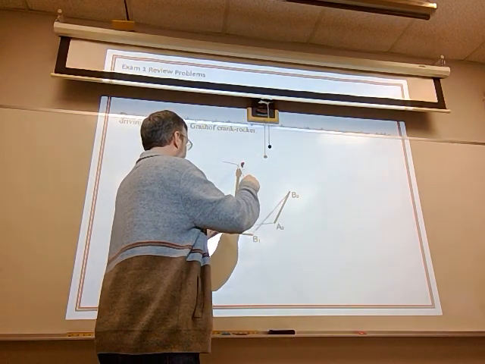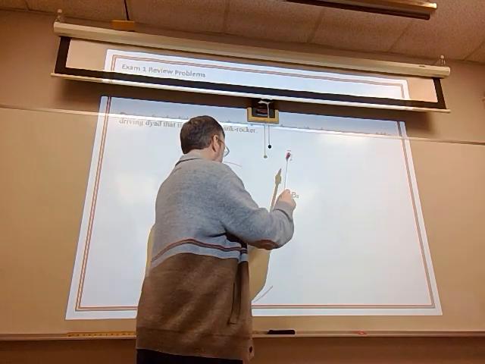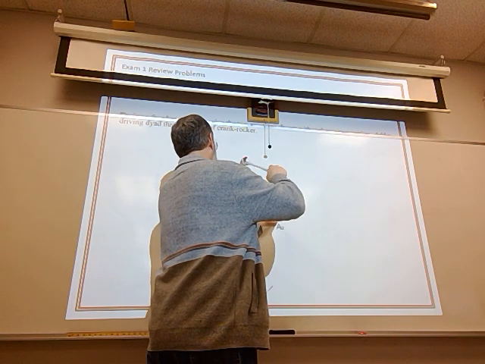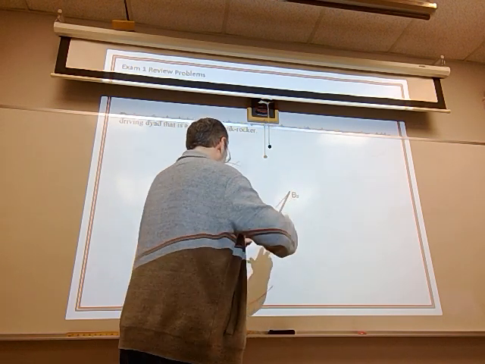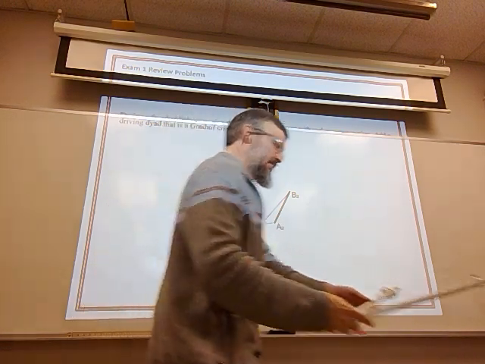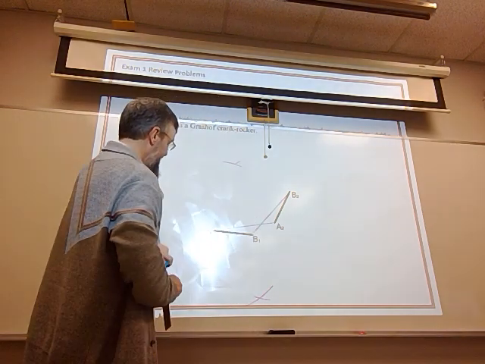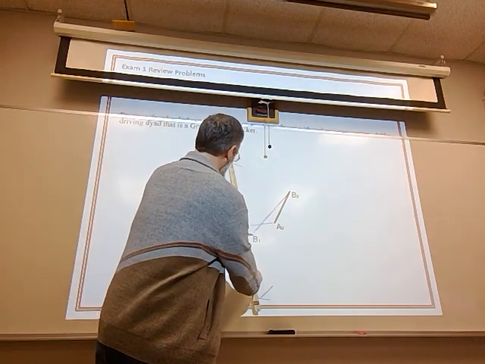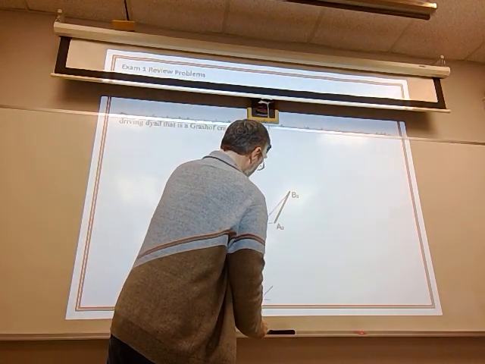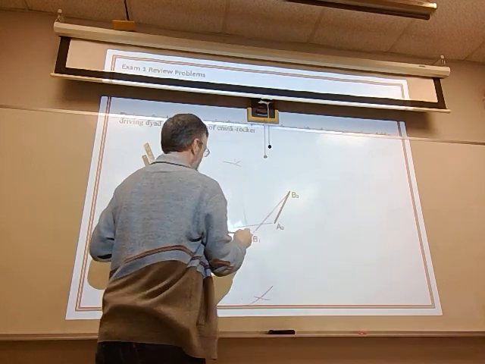Right here and here, and I want to come to this guy instead. Here and here. That worked out pretty well. And that should be a line that's through the center and perpendicular right here, right?